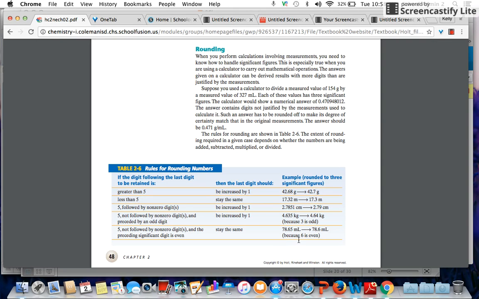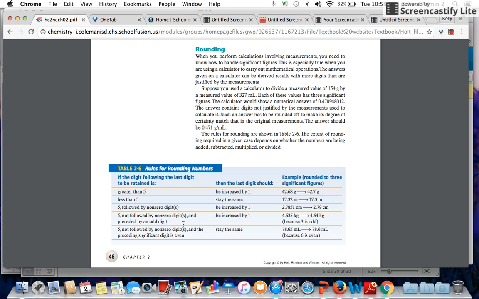And then here, 5 not followed by a non-zero digit, and the preceding significant digit is even. You're just gonna keep it the same. We're not gonna deal too much with these rounding numbers because the rules are like, if it's followed by a non-zero digit, then you round up.